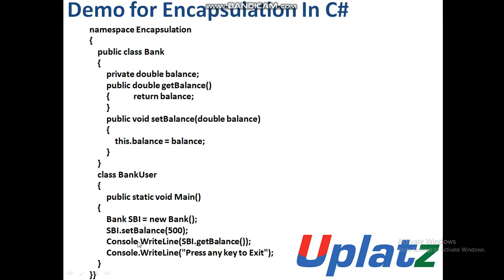Console.WriteLine will display the output with SBI.getBalance, which returns the balance, so we can see the output 500. Then Console.WriteLine asks to press any key to exit, and if you press any key it will close the console window.